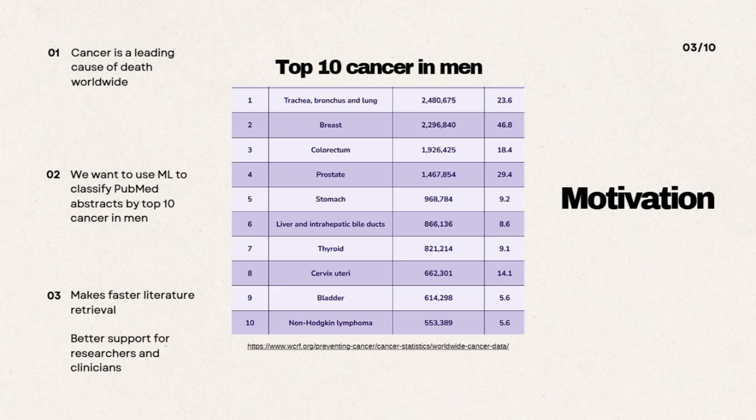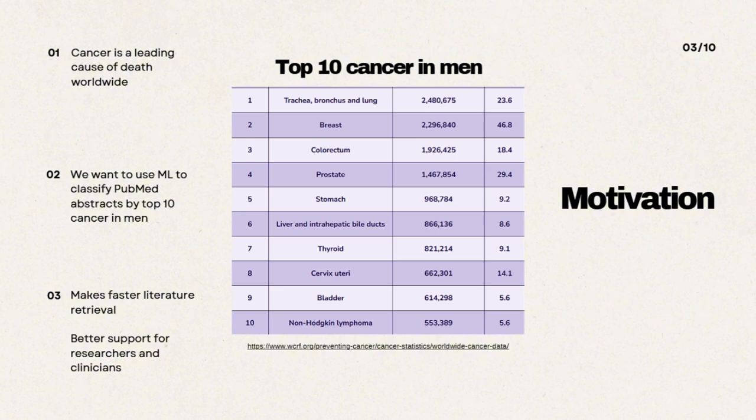Okay, so first, our motivation is that cancer continues to be one of the leading causes of death worldwide, and we want to use ML, or machine learning, to classify PubMed abstracts to support ongoing cancer research. This can make literature retrieval faster and better support researchers and clinicians.